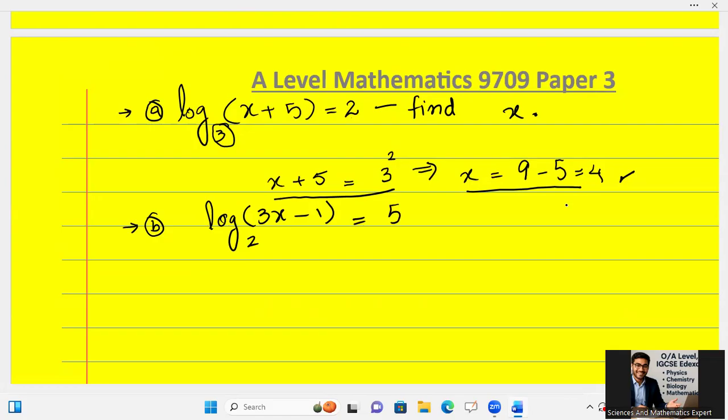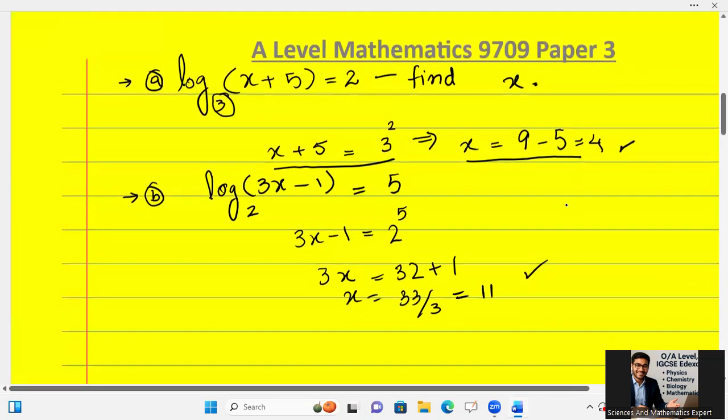How can I write this? 3x minus 1 is equal to 2 power 5. 2 power 5 is 32, plus 1, so 3x is 33, and x is equal to 33 over 3. x is equal to 11. So this is the way we can convert this format.